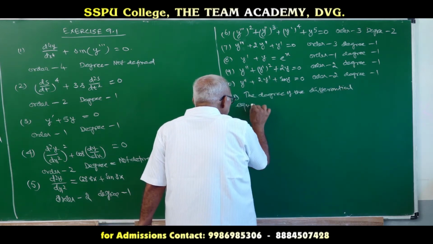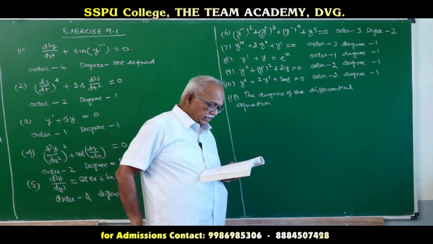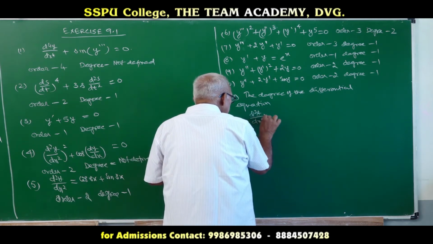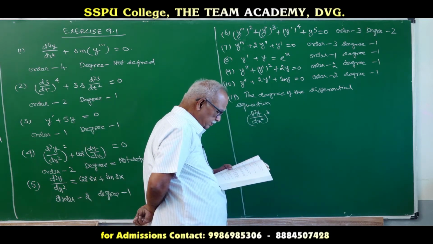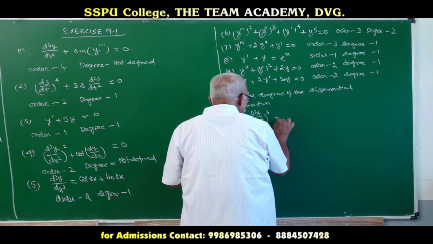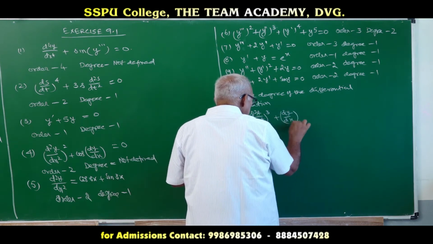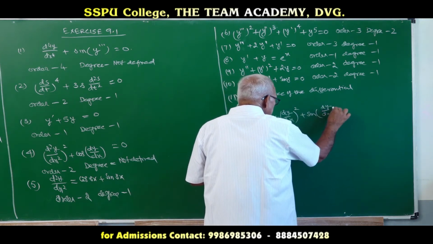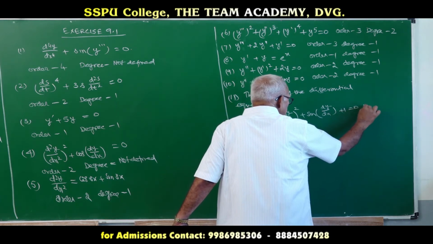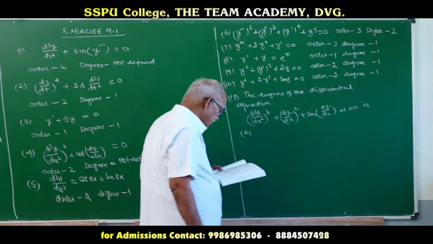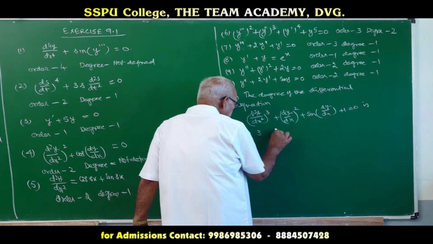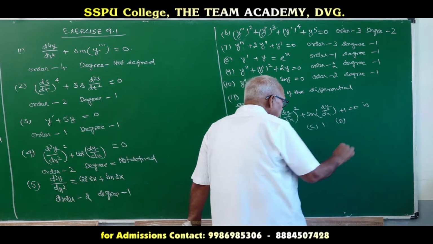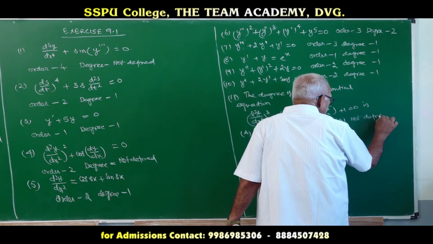They have given a differential equation, we have to find its degree. (d square y by dx square) whole cube, (dy by dx) whole square, sin of dy by dx plus 1 is equal to 0 is A 3, B 2, C 1, D not defined.